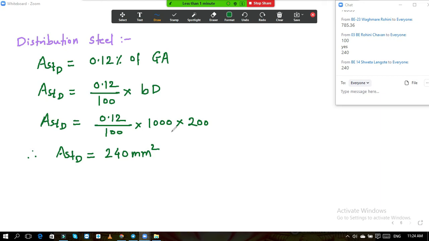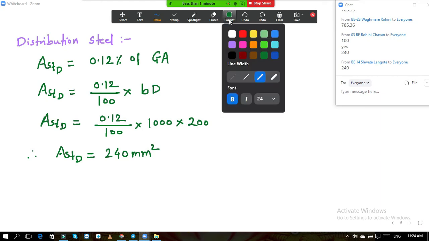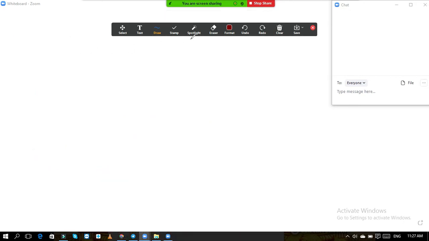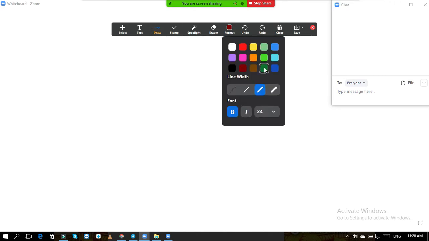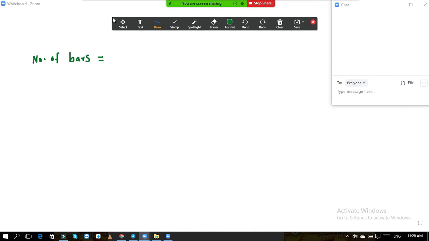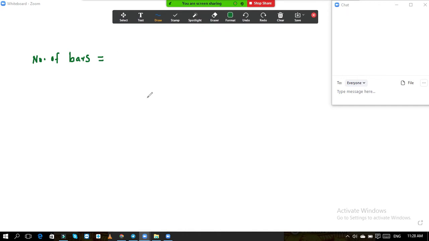Now assume 8 mm bar diameter for distribution steel. Then we will calculate the number of bars. Number of bars is equal to, what was the value of our Ast,D, distribution steel? 240.